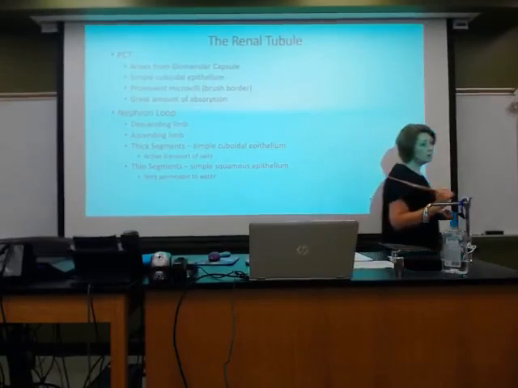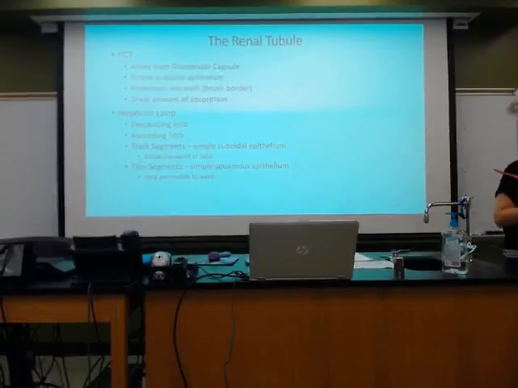What do you remember about simple cuboidal epithelium? Simple tells me how many layers? One. Cuboidal tells me shape, okay? Epithelial, the tissue. What do you remember about a single layer of cells? What is it good for?